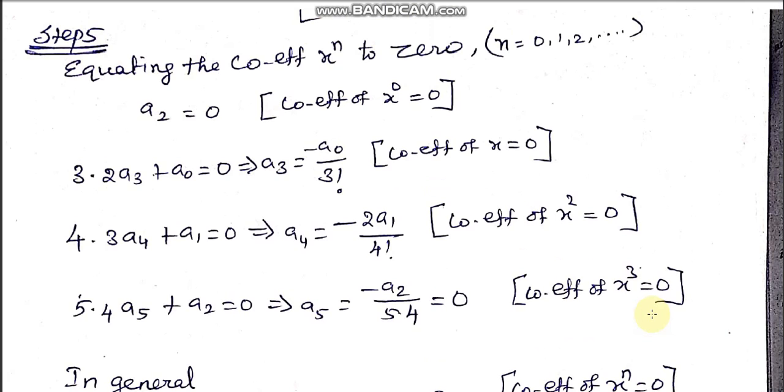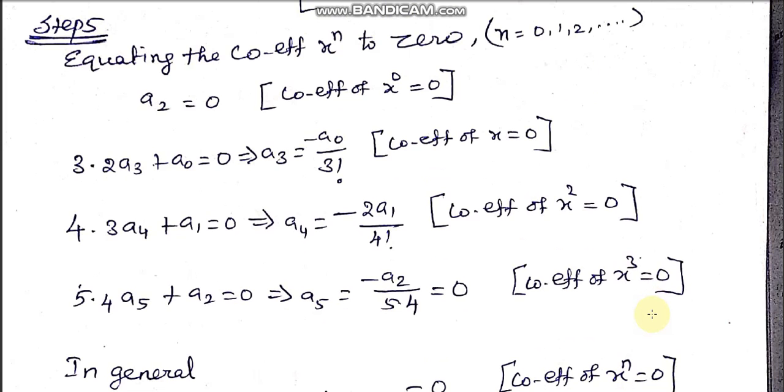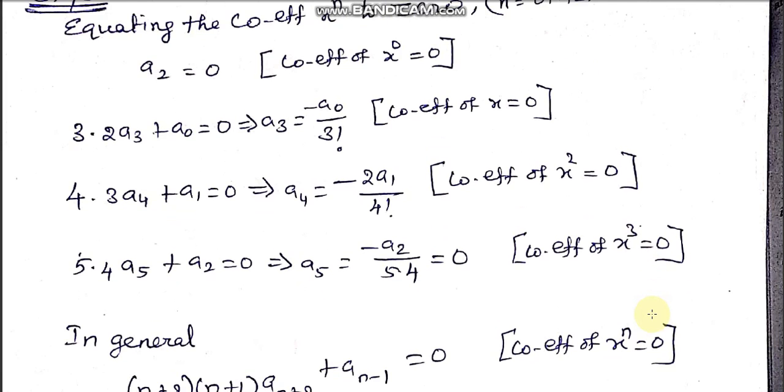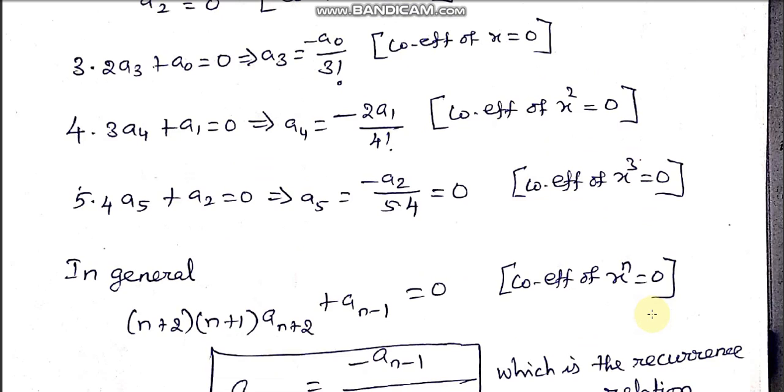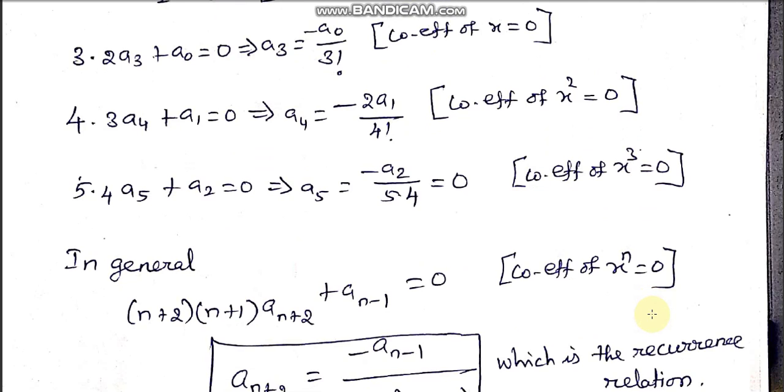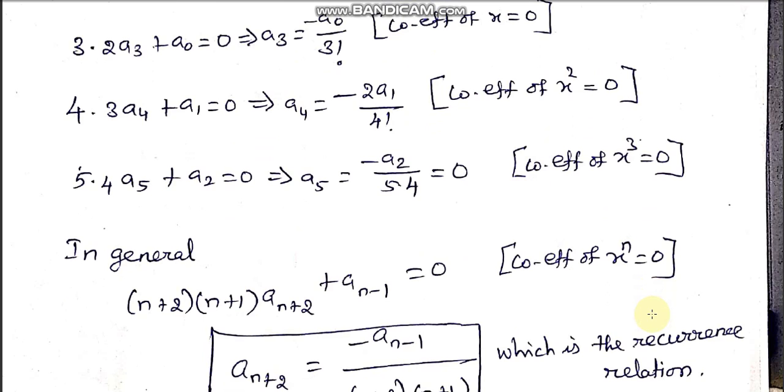First, x power 0, that means the constant term, gives a2 equal to 0. Coefficient of x equal to 0 gives the a3 value. Coefficient of x square gives the a4 value. This is already in terms of a0 and a1, so no need to change.